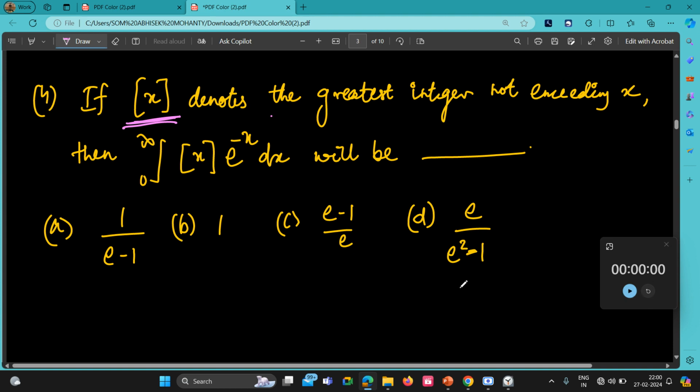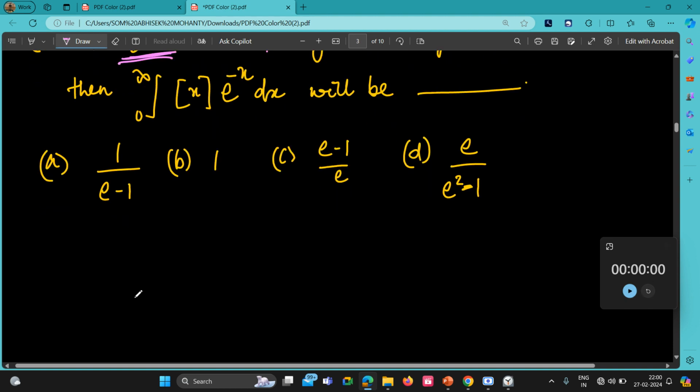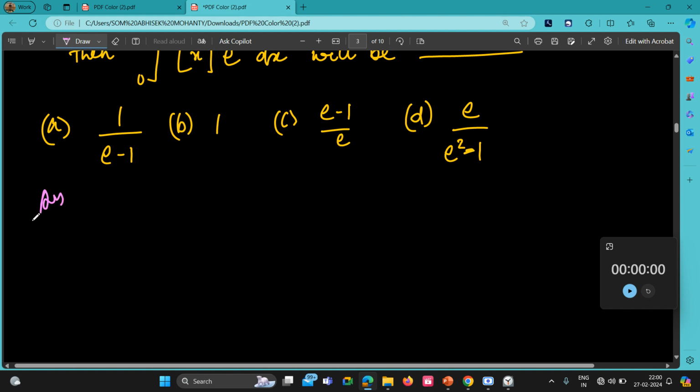Okay, so let's try to write the definition of this one. What does it mean? It means if x is between 0 to 1, this bracket x will be how much? It will be 0, because x is between 0 to 1 and won't be equal to 1.